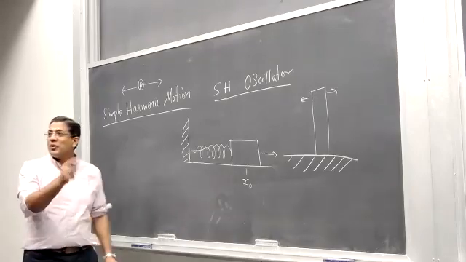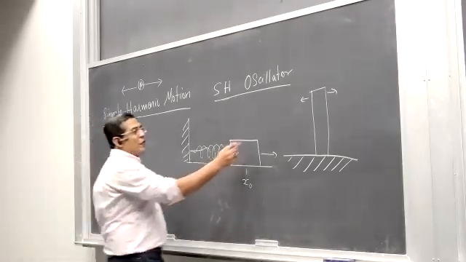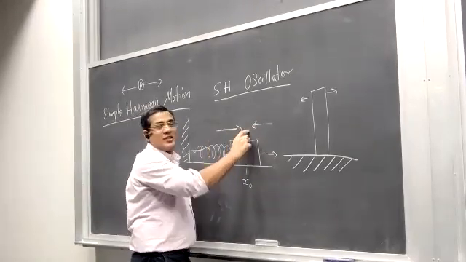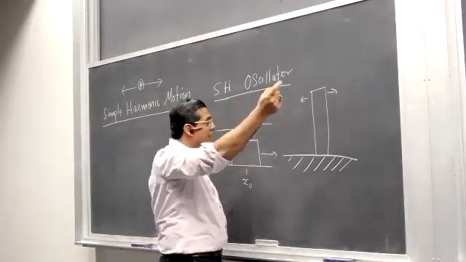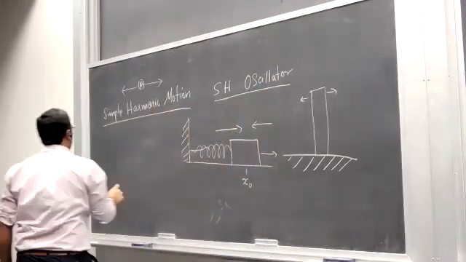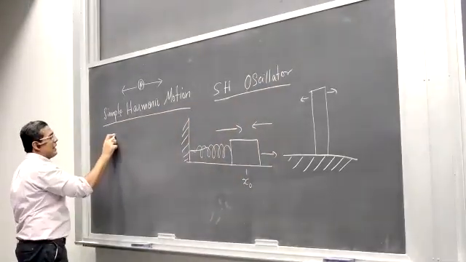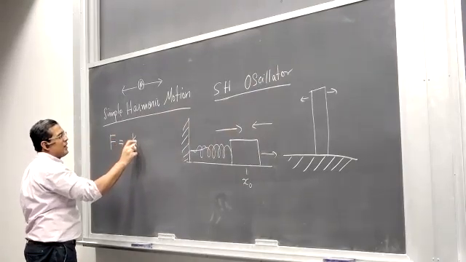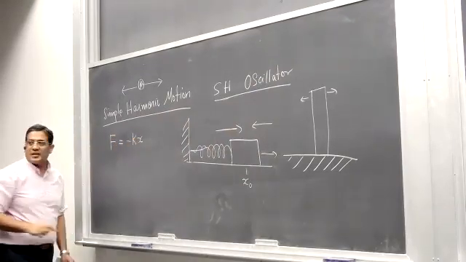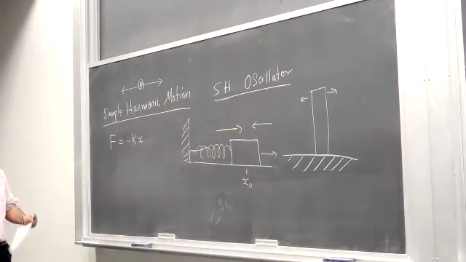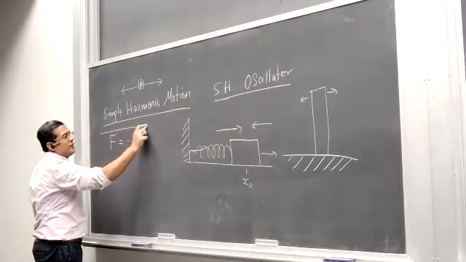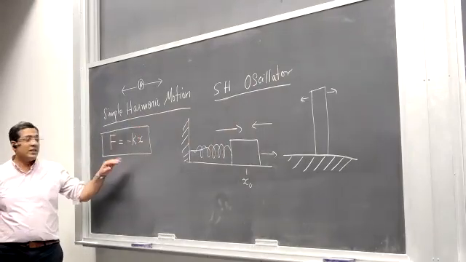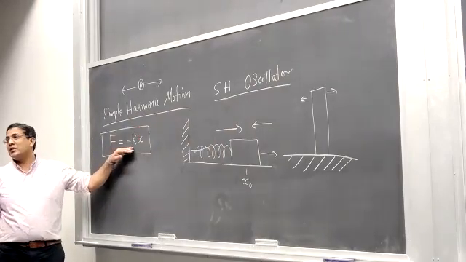Now this restoring force, that is the important thing. The force that brings this thing back, whether it's a building or a pendulum, anything. If that restoring force has this exact form, minus kx. In reality, it's not always minus kx.